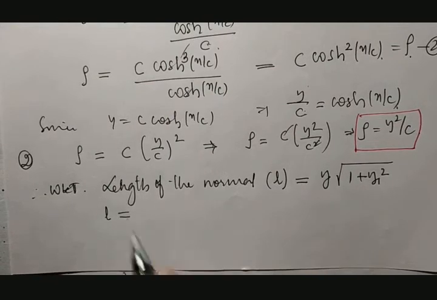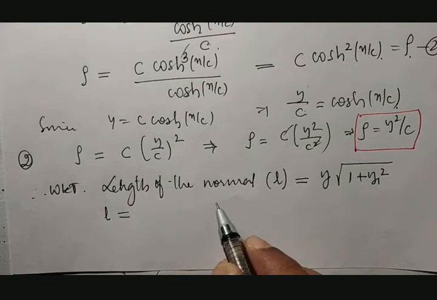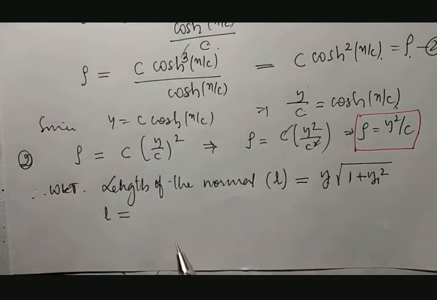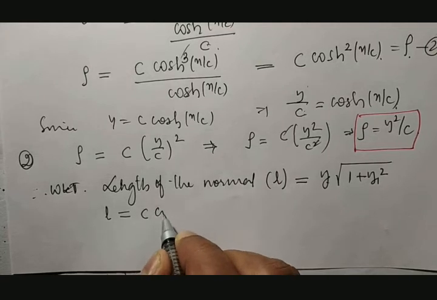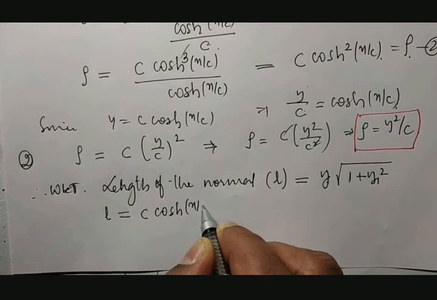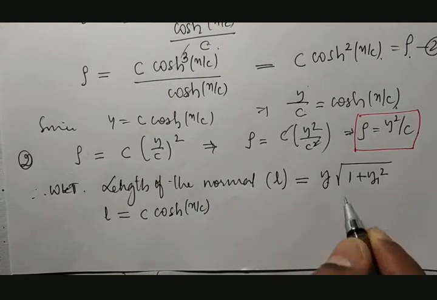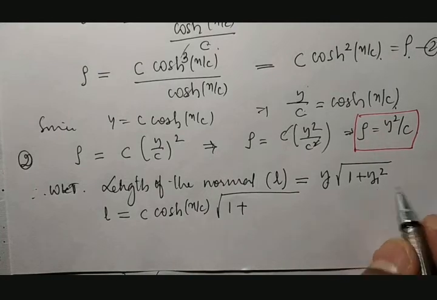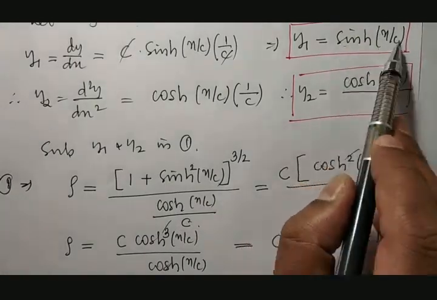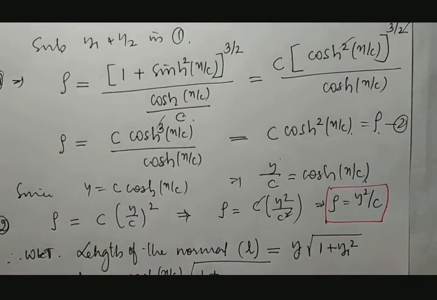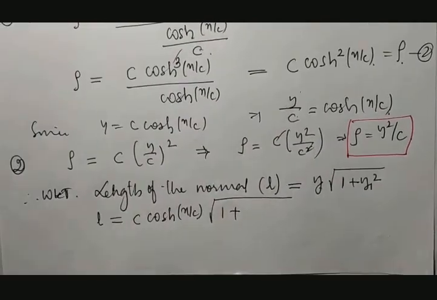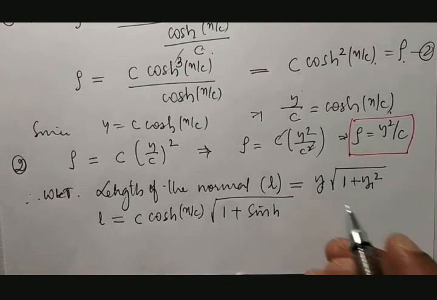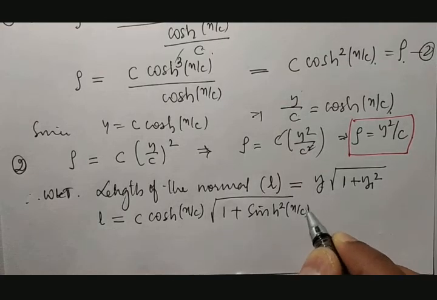Therefore L is equal to y into, what is y? From the given example, y is c into cos hyperbolic x divided by c, that into square root of 1 plus y1 square. What is y1? y1 is sin hyperbolic x divided by c. Therefore it is sin hyperbolic square x by c.